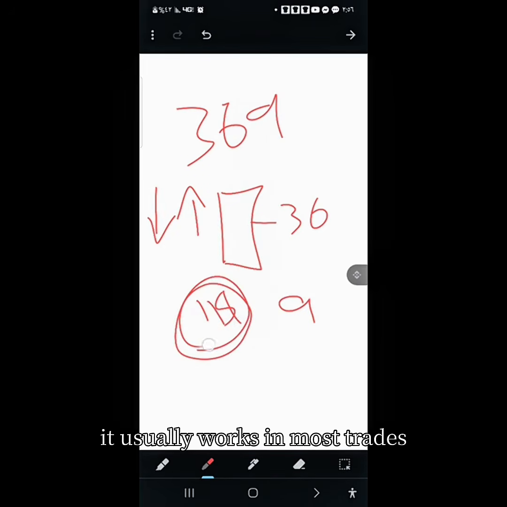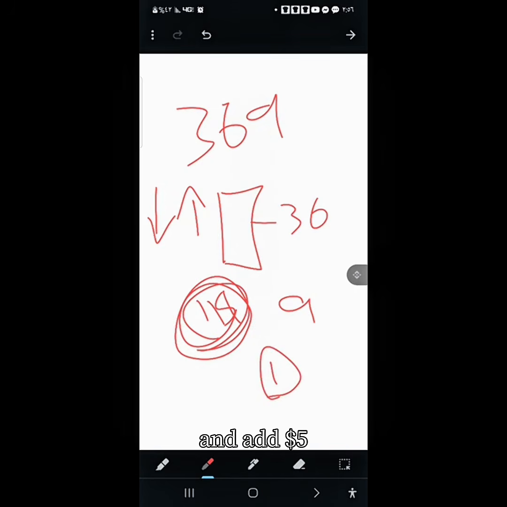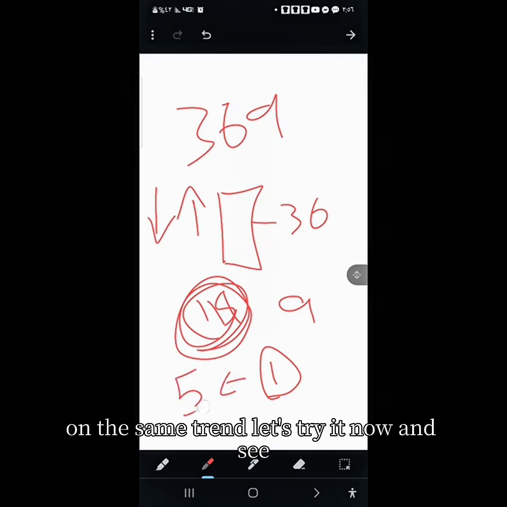It usually works in most trades. If you lose in this trade, enter in the second number at the end of the second and at $5, for example. On the same trend, let's try it now and see.